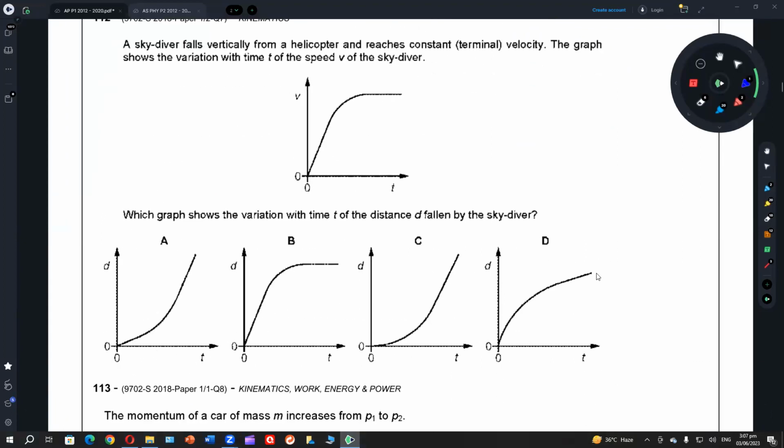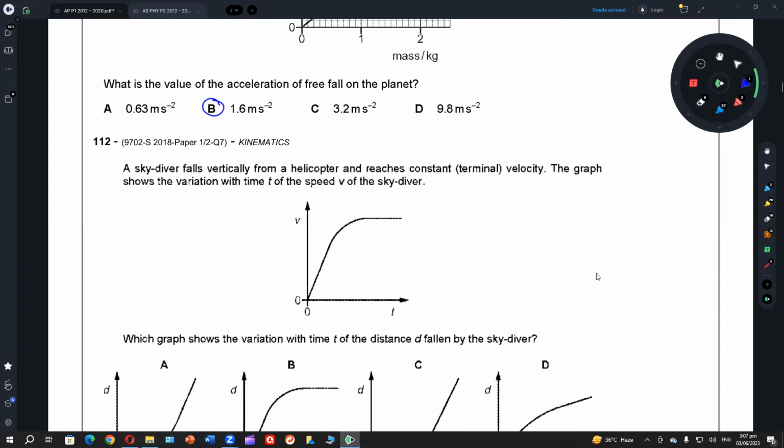A skydiver falls vertically from a helicopter and reaches constant velocity. This is something very important, and it means that resultant force is equal to 0. It means acceleration is equal to 0.